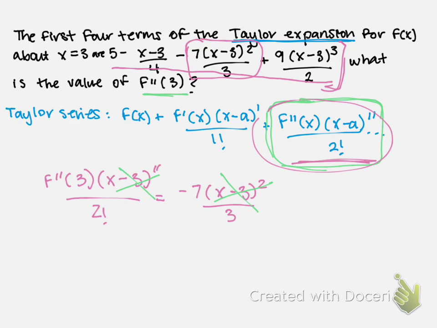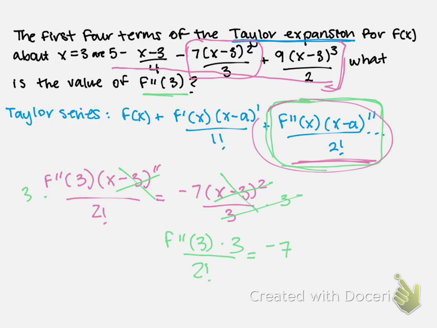And then we can also simply multiply by 3 on both sides, and this would get rid of the 3. We have f double prime of 3 times 3 over 2 factorial is equal to negative 7.